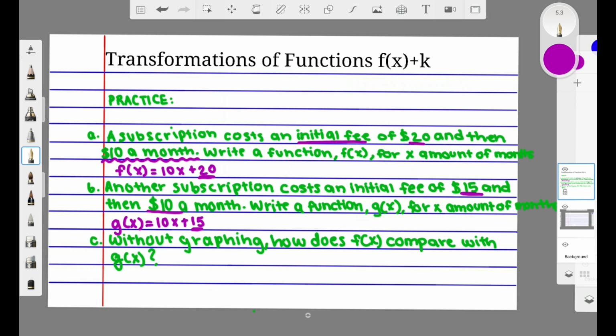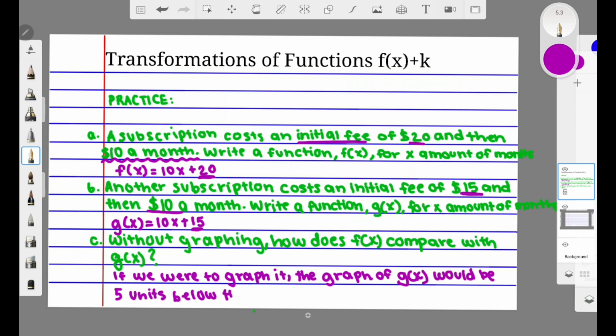So that's how we would explain it: if we were to graph, the graph of g of x would be 5 units below the graph of f of x.